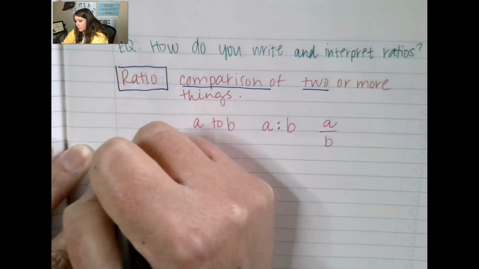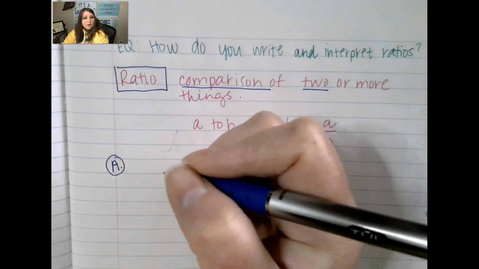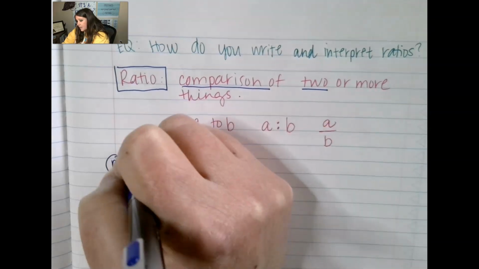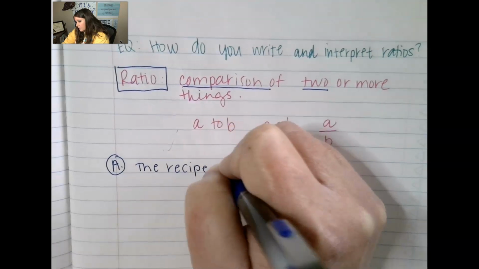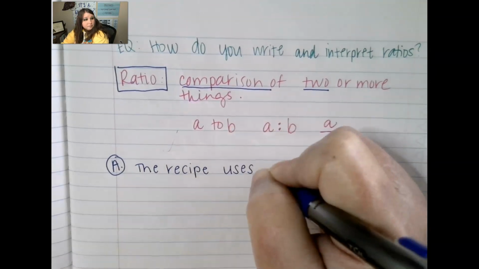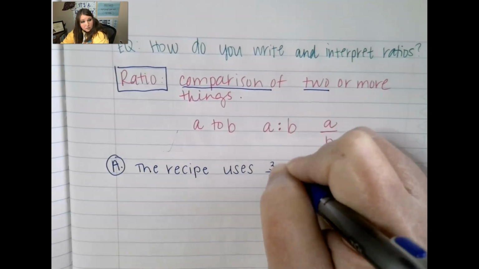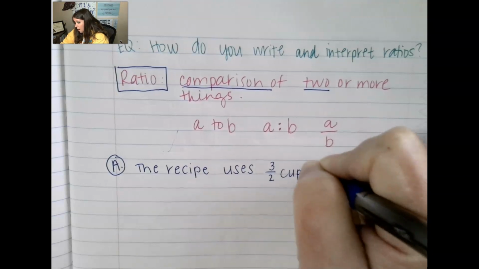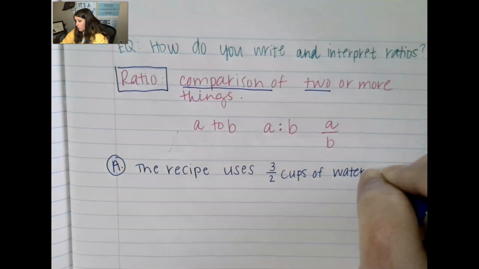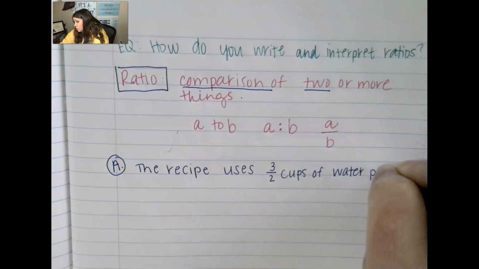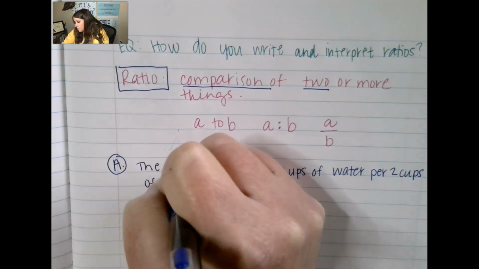So we're going to make some flubber, and the ratio of cold water to glue, it says that the recipe uses 3 halves cups of water per 2 cups of glue.